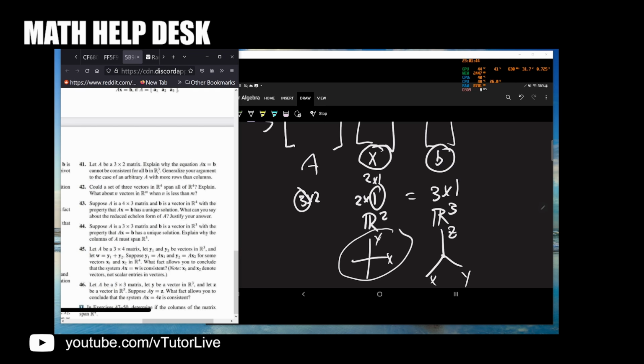That's intuitively what it means. That's not a proof by any means, but does this feel believable? At least under a linear transformation, you just don't have enough stuff in R2 to be able to map onto everything in R3.